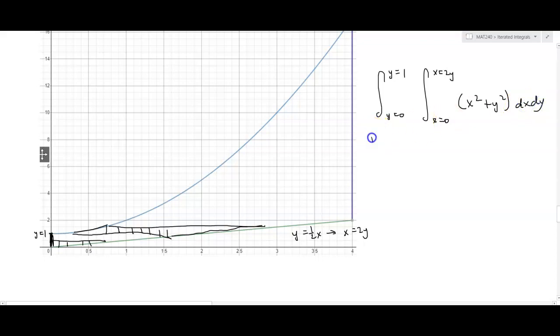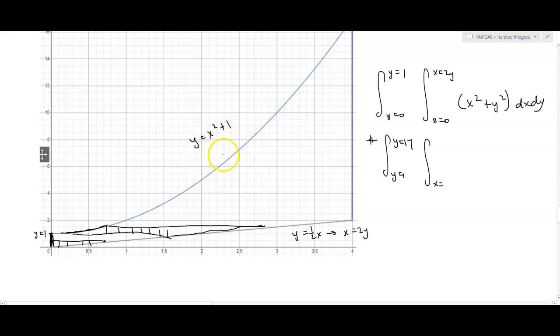But we're going to have to add to that the total volume that we get by starting at y equals 1 and going up to y equals 17. But now we're not going to start x at 0, because now at x equals 1 we're starting at the curve and ending at the line. So here, the parabola is y equals x squared plus 1.